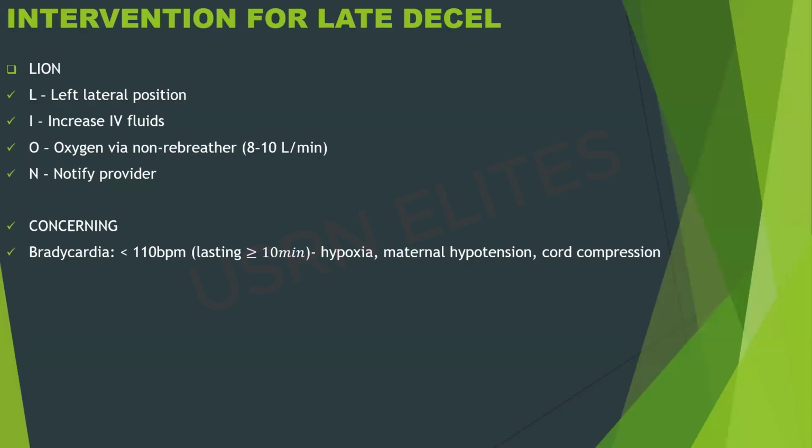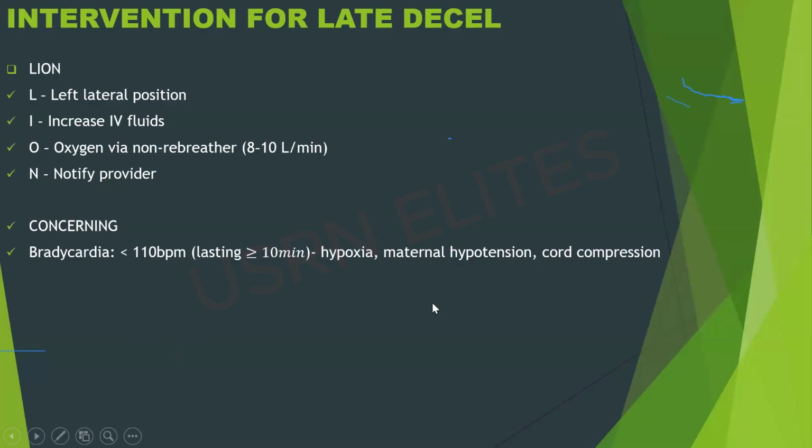Bradycardia and deceleration. Let me try. Okay. So bradycardia is when the fetal heart rate is lower than the normal range, and the normal range is 110 to 160. So if it's below 110, it means that there is a bradycardia or fetal bradycardia.